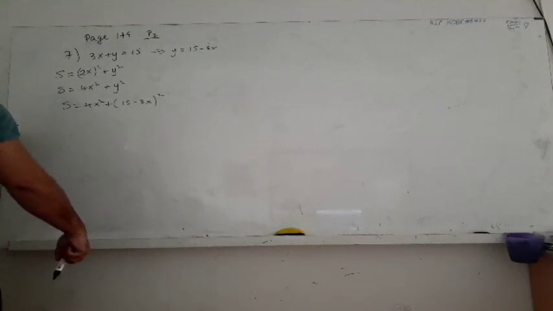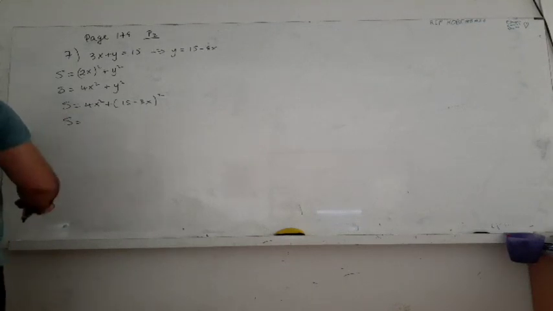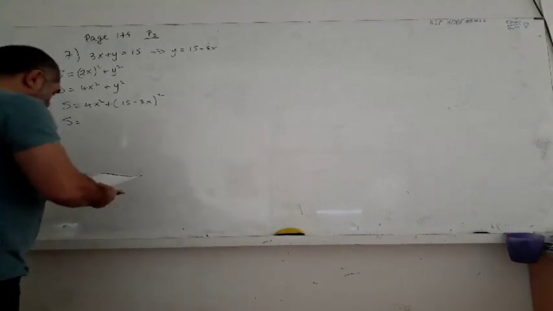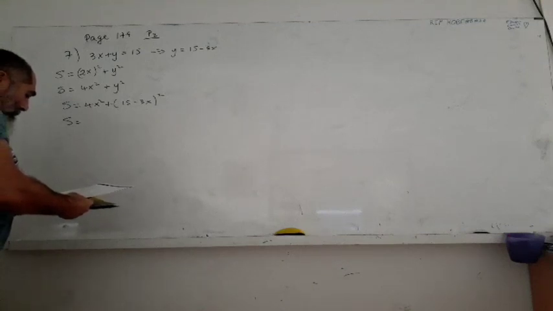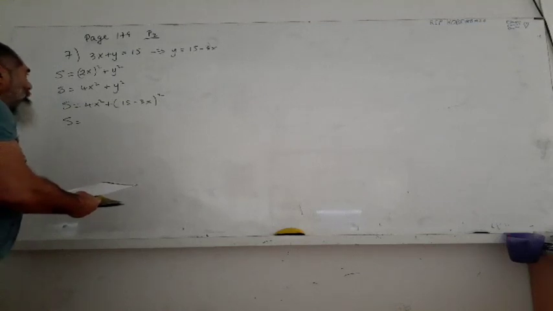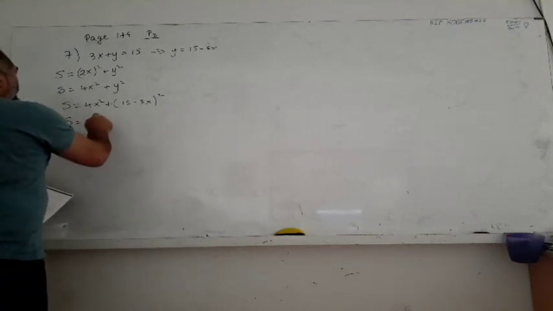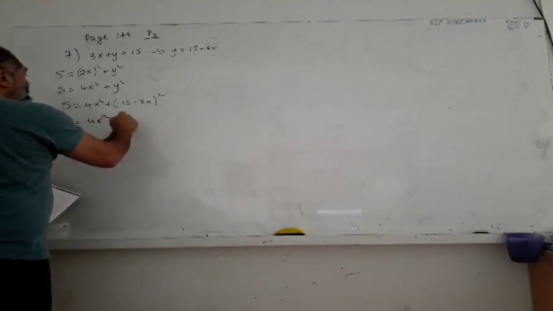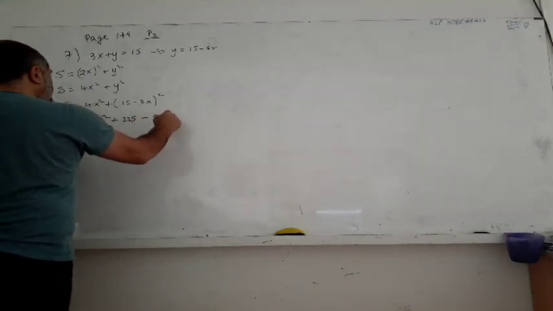So s will be 4x squared plus 225 minus 90x plus 9x squared.